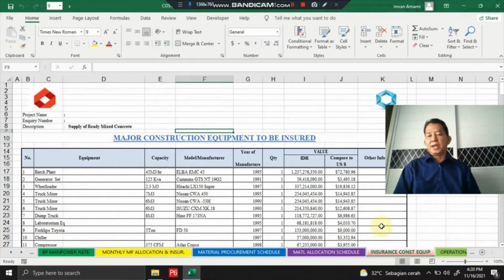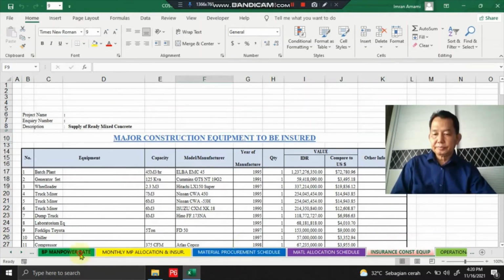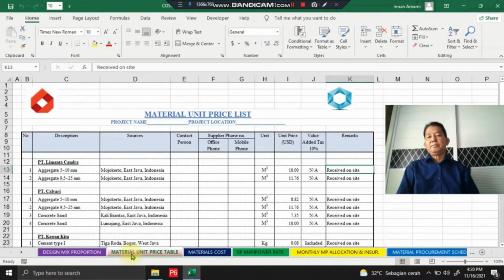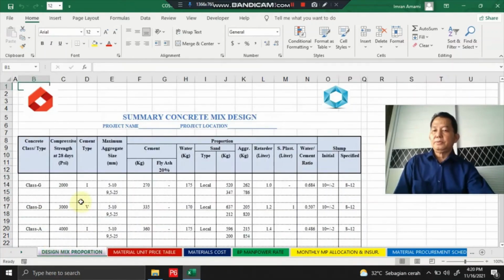The major construction equipment should be owned by the company, so we only calculate the insurance costs for the major construction equipment. Also, we have a competitive unit price offered by the supplier supporting this project. Now we start from the concrete mix design.